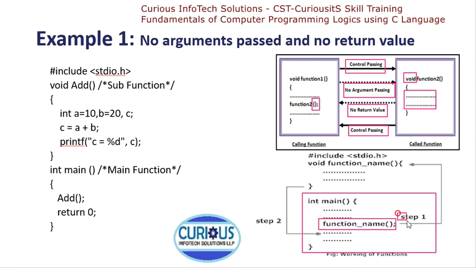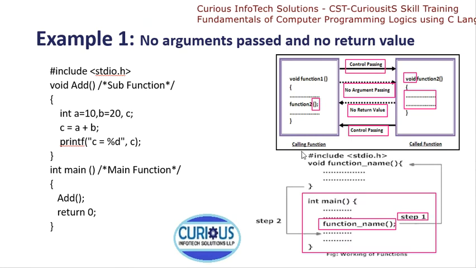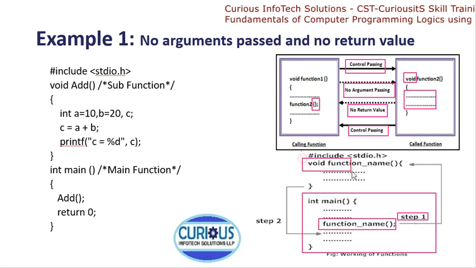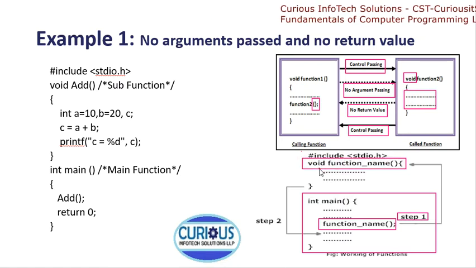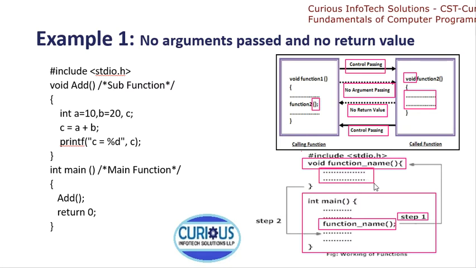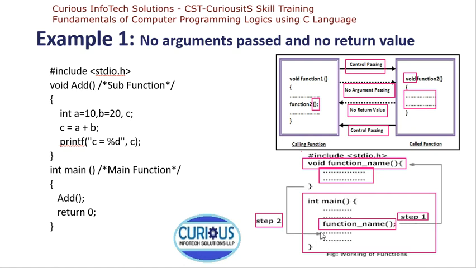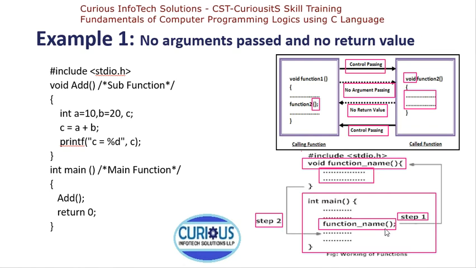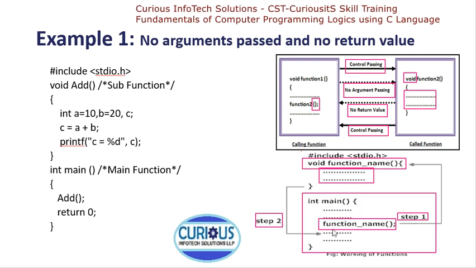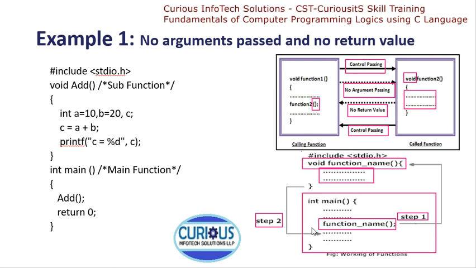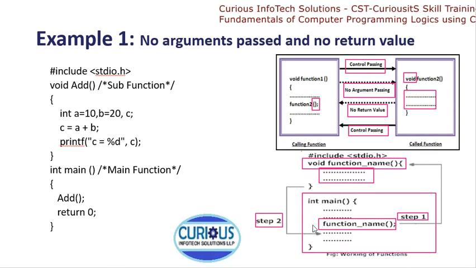So very first we will use step 1 and we will reach the second function. Here there is the second function name, and whatever is written here you will execute by default and then come back to the second step. Then next to this calling function, because it is not returning a value. If a return value is there, then we will see the assignment of this function to some variable.